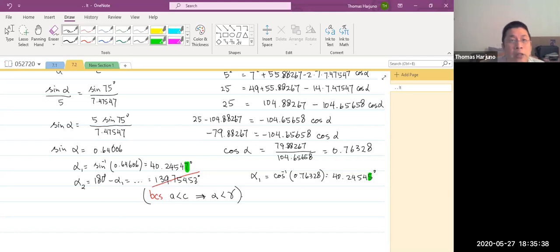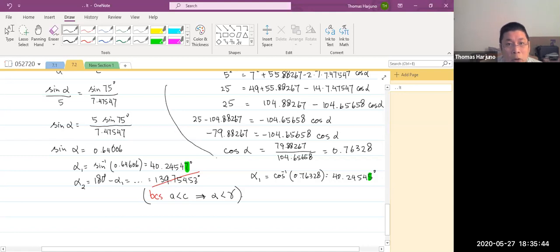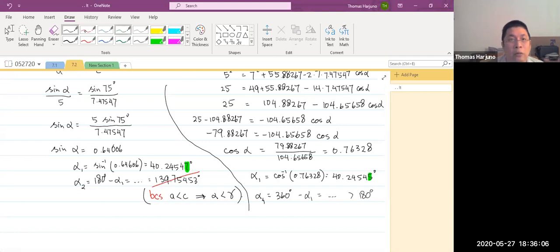Now, the reason I say using the law of cosine is better, even though it's longer, is because it gives you only one angle. Cosine is positive in quadrant 1 and quadrant 4. So even if you get the other angle here, it must be in quadrant 4, which is greater than 180 degrees. That's why you cancel it out, right?